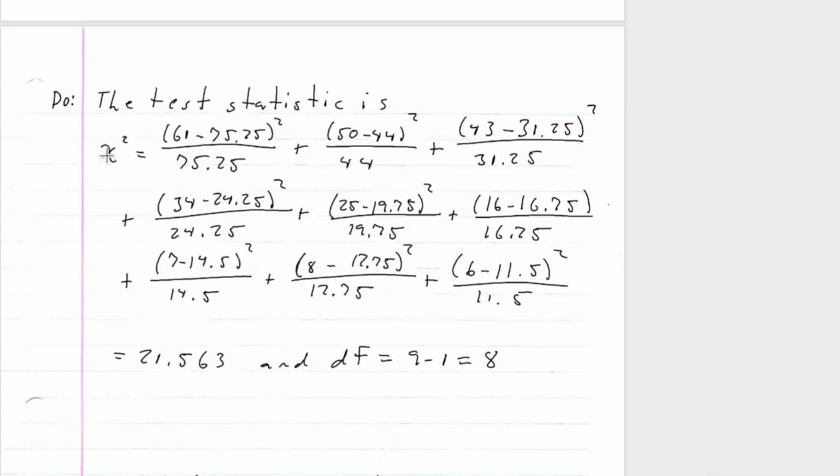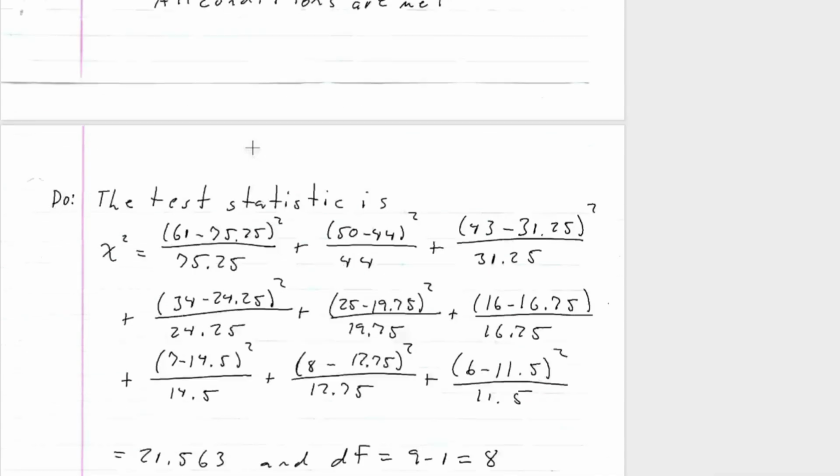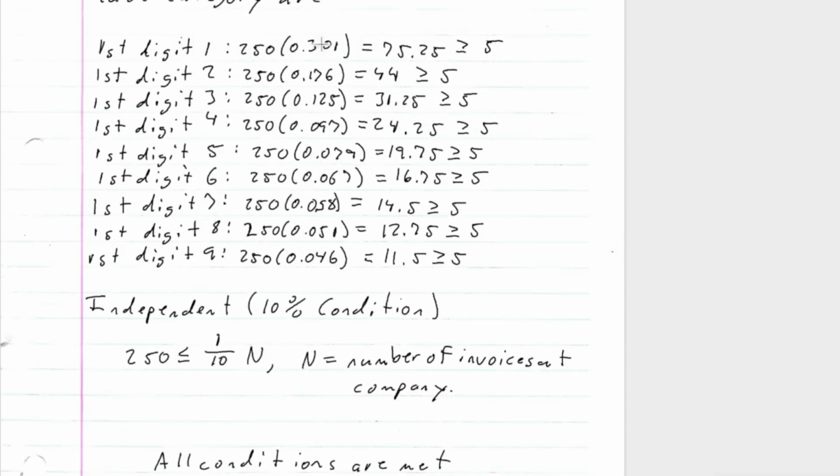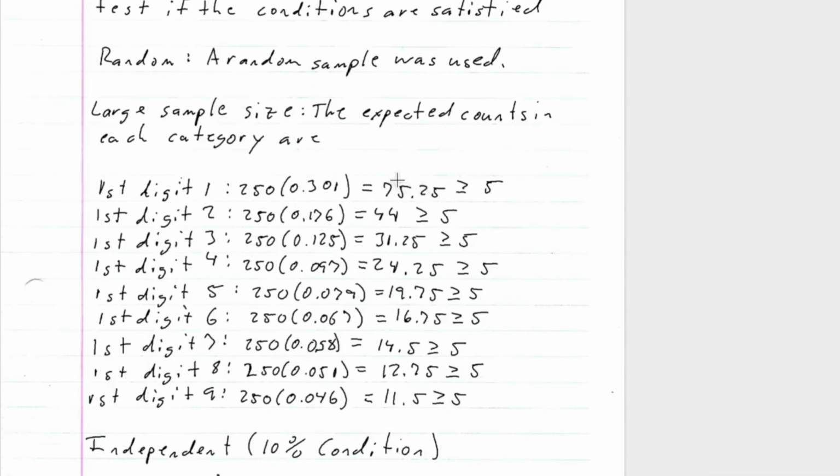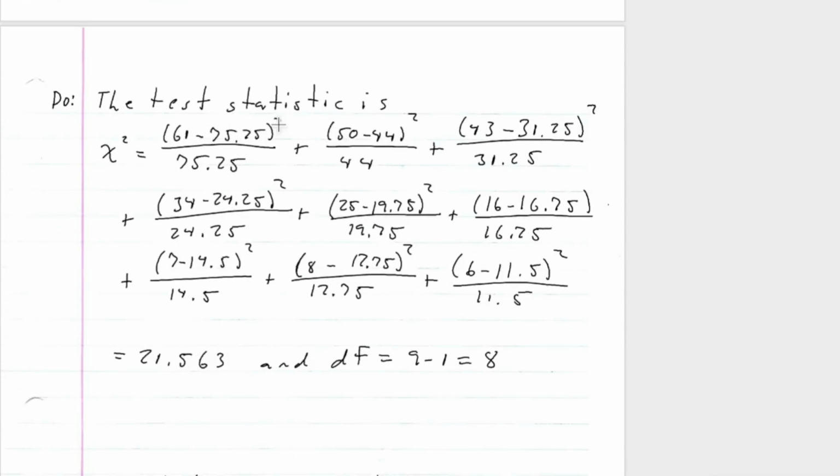The way you do chi-squared is you take the actual count from our sample minus the expected, which are the numbers we got here. So the actual number from the sample is 61. You subtract the expected amount, then you square it, and then you divide by the expected amount, and you do it for each one of these.